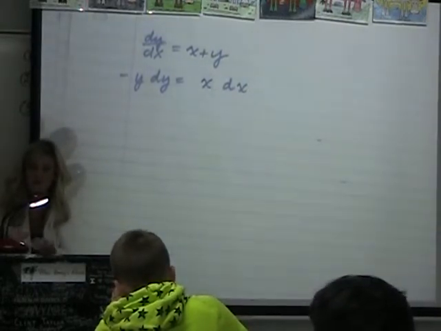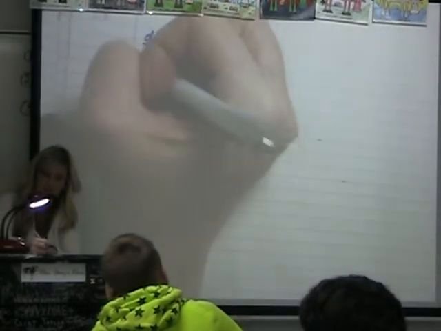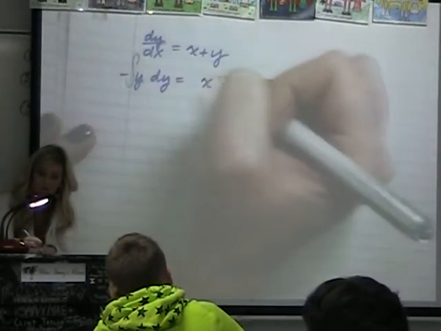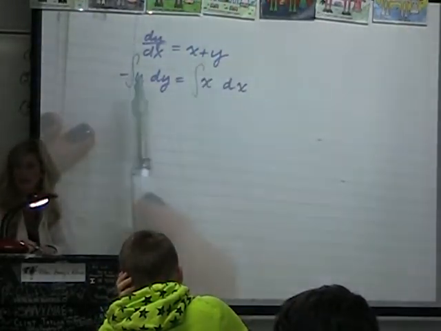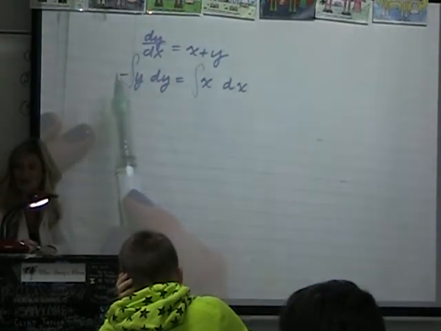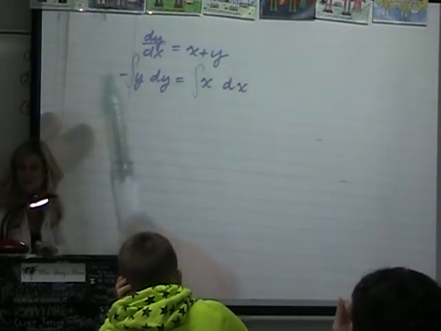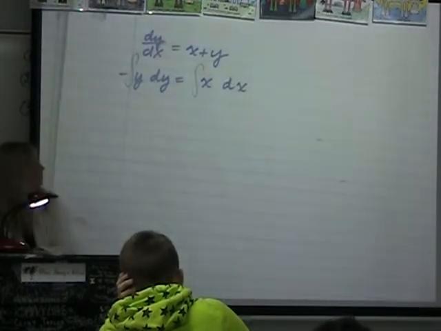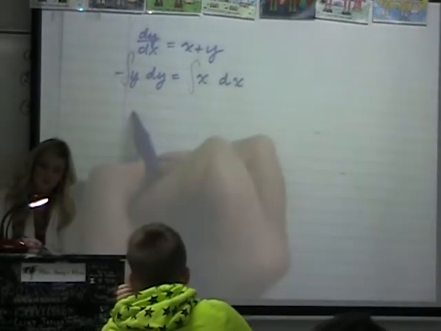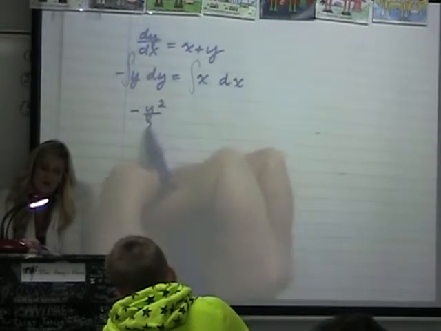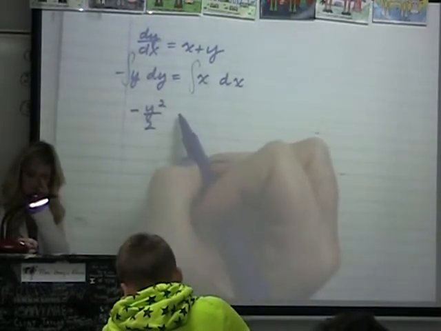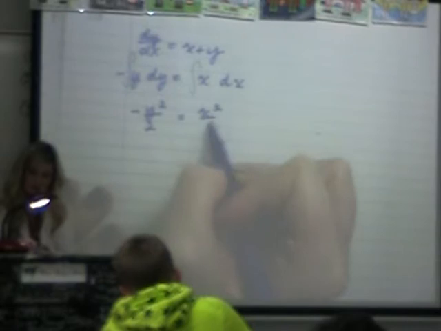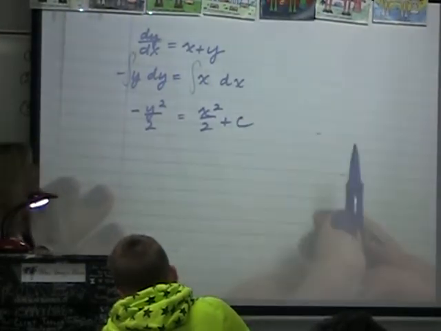Everybody okay with me putting my integral here in between the negative and the y so that my negative's on the outside? Because it's just like a constant -1. So negative y squared over 2 equals x squared over 2 plus c.